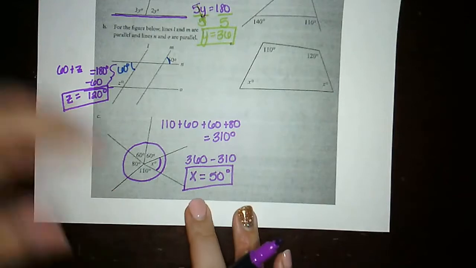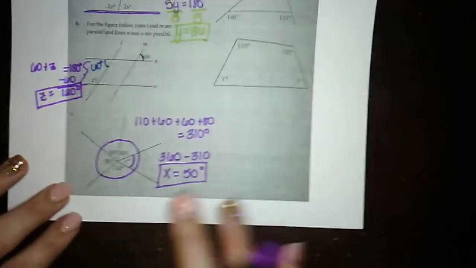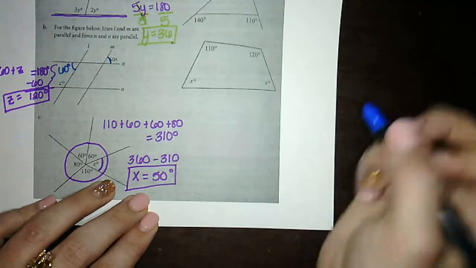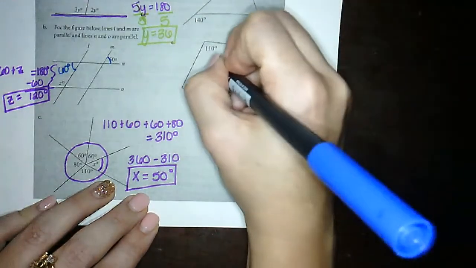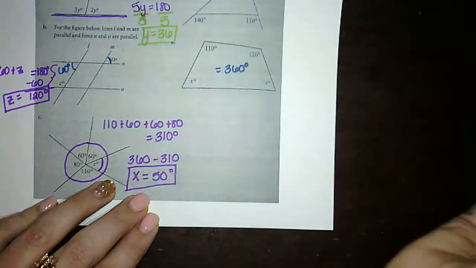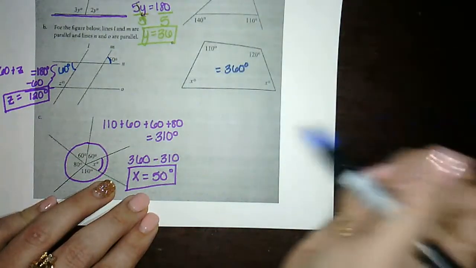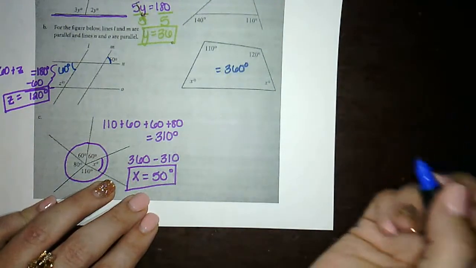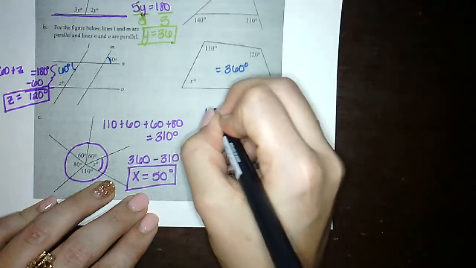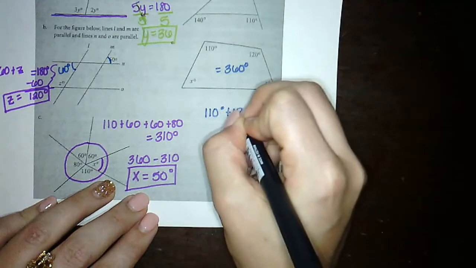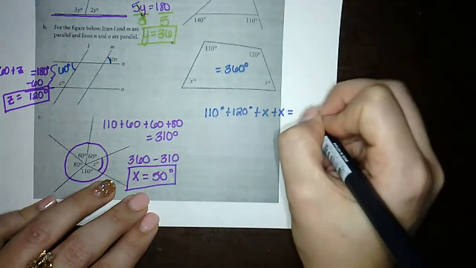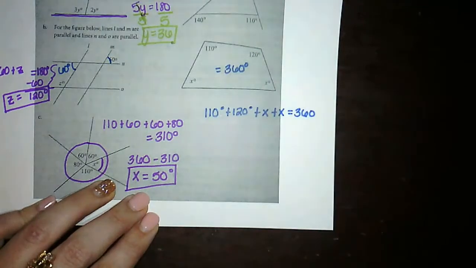We're going to come back to D, just because I have more room for E at the moment. This is a quadrilateral, which we've already said equals 360 degrees total. So I know that all of this adds up to equal 360 degrees. So I have 110 plus 120 plus X plus X, and it equals 360.